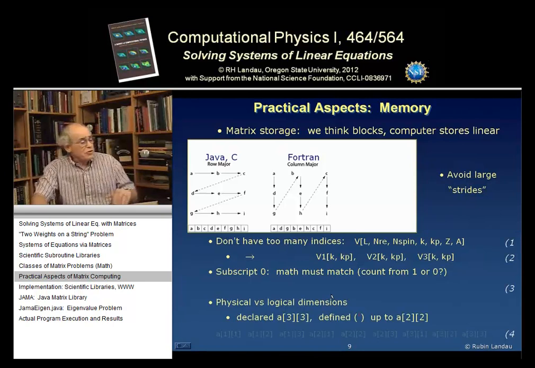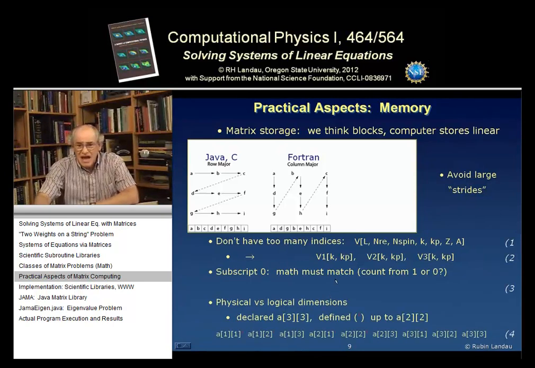Another aspect, which is often confusing, but it sounds confusing, it's not really, is you have both physical and logical dimensions when you deal with matrices. So physical dimensions is the actual size that you store on the computer. Logical would be how much you're using for any one problem. So let's say here is an example, equation 4.